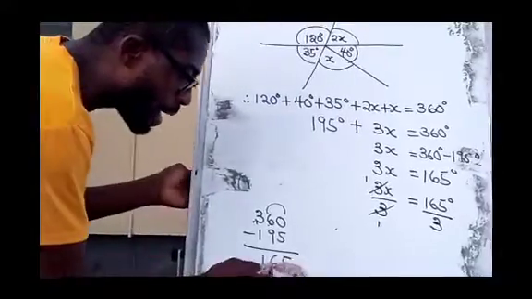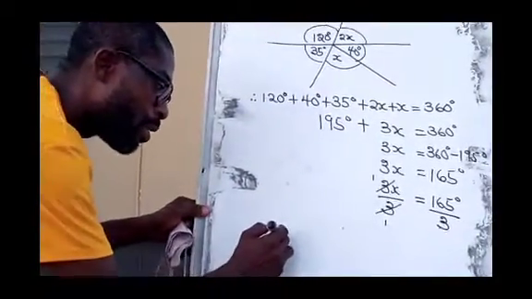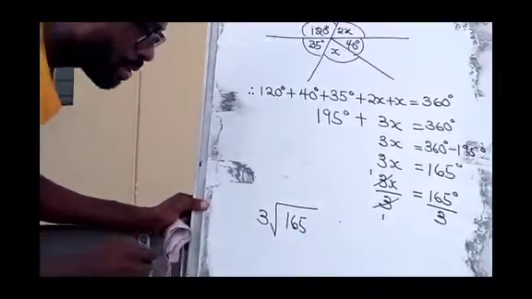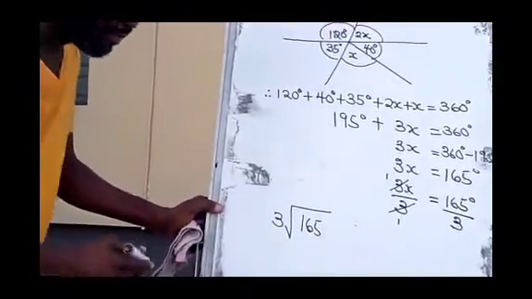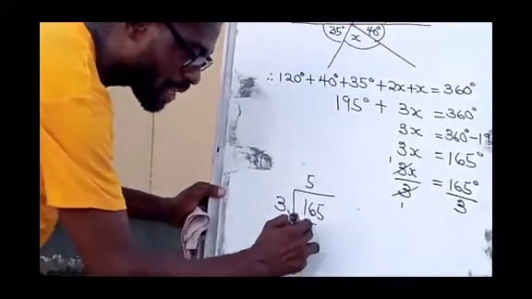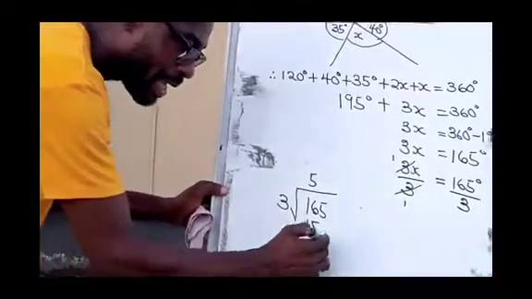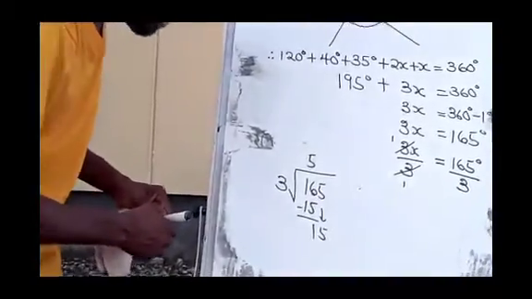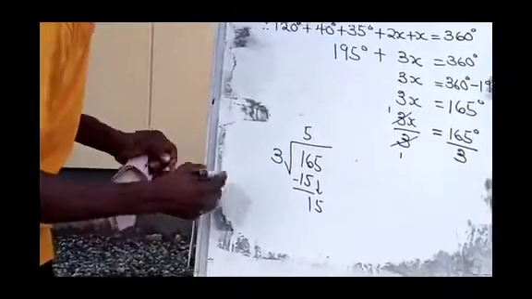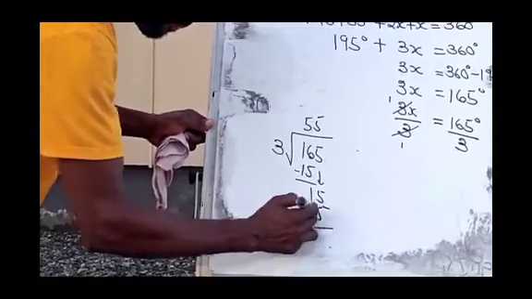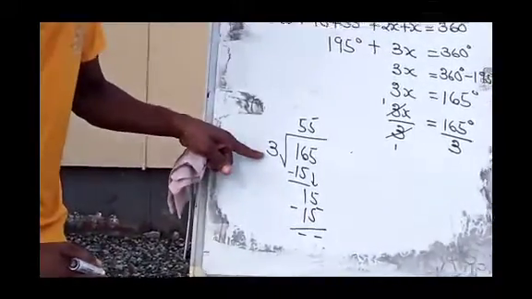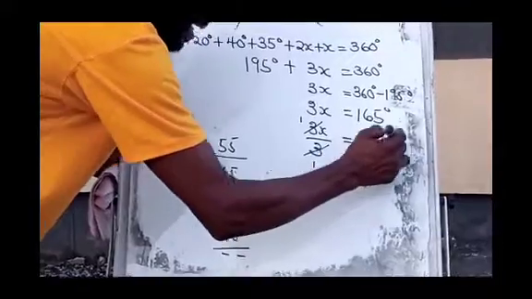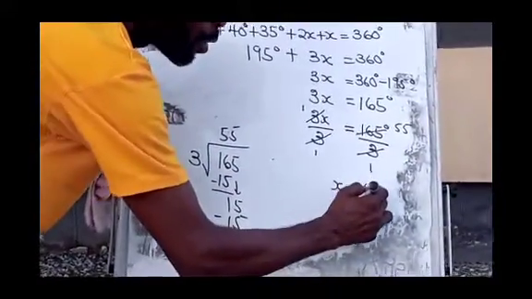Let's go through our long division: 165 divided by 3. 3 times 5 is 15, and so on. It means that 3 times 55 will give us 165. So x is equal to 55 degrees.